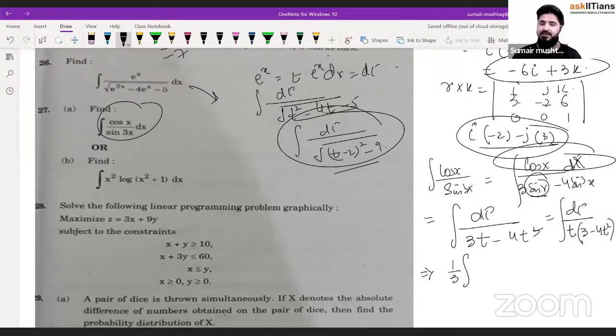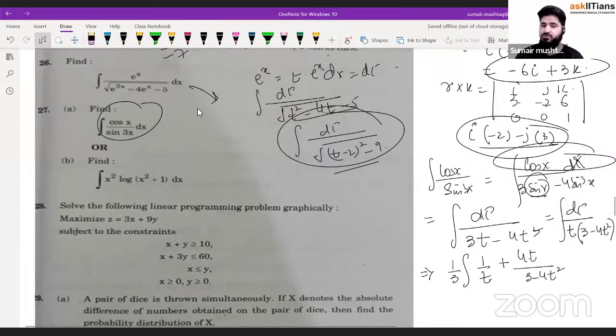I can write here 1 by t for this thing minus 4t divided by, because 4t square will be cancelled, 3 minus 4t square. Just check whether this is satisfied or not. This will be 3 minus 4t square, and this thing, yes, you can use it.